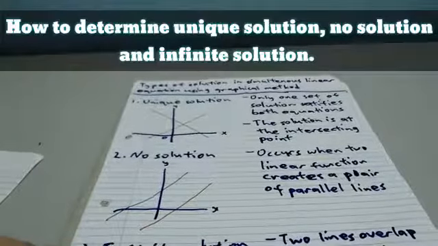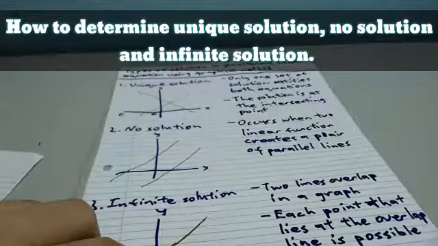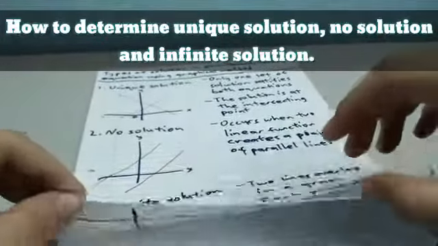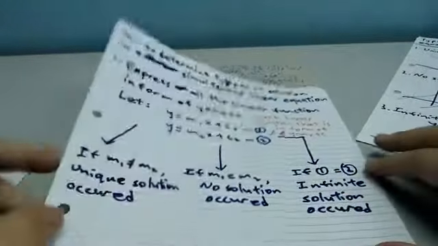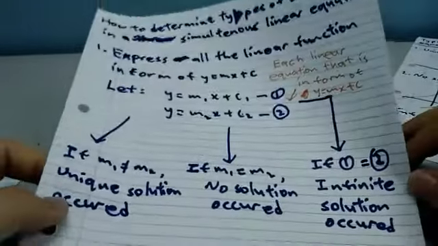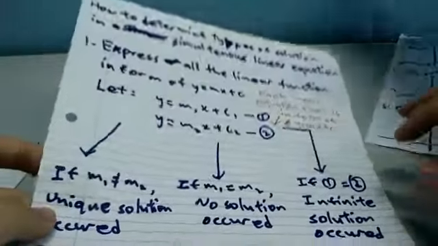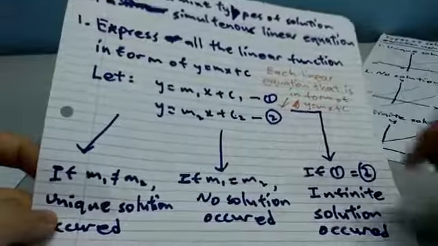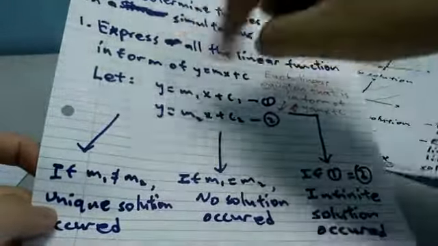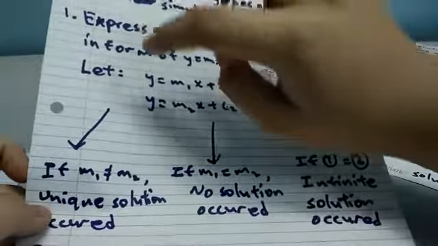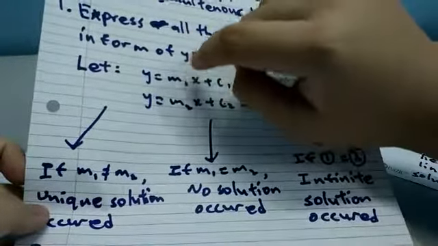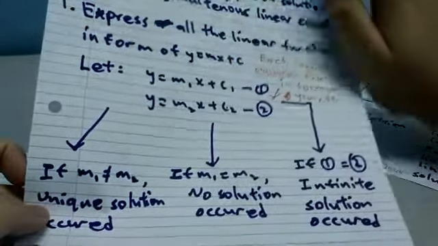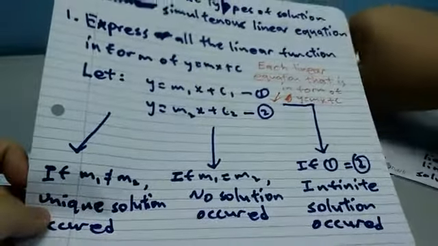And there is a way to determine what kind of solution we can get. If you have studied the equation of a straight line, then these things are really easy to understand. Now, how to determine? The first step is to express all the linear functions in the form y equals mx plus c, and I will let y equal m1x plus c1 and y equal m2x plus c2.